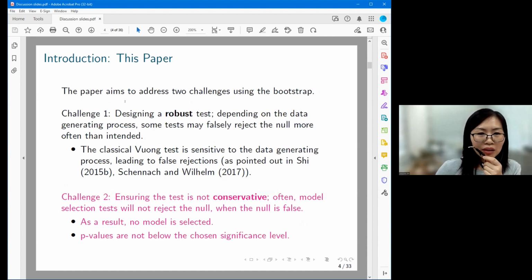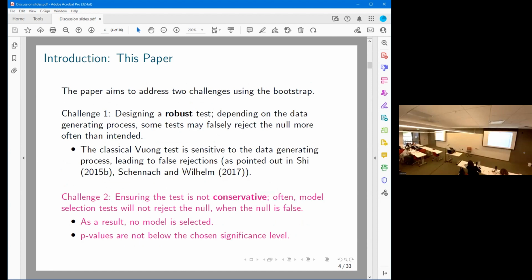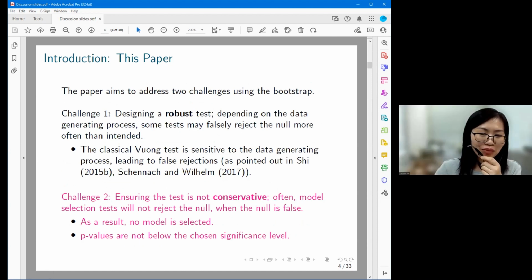This paper tries to address two challenges, as Eric writes in his paper and in his slides. But I'm going to discuss the second challenge. The first challenge is to design a robust test that will have good size, or good type 1 error property, regardless of where the data is generated from.